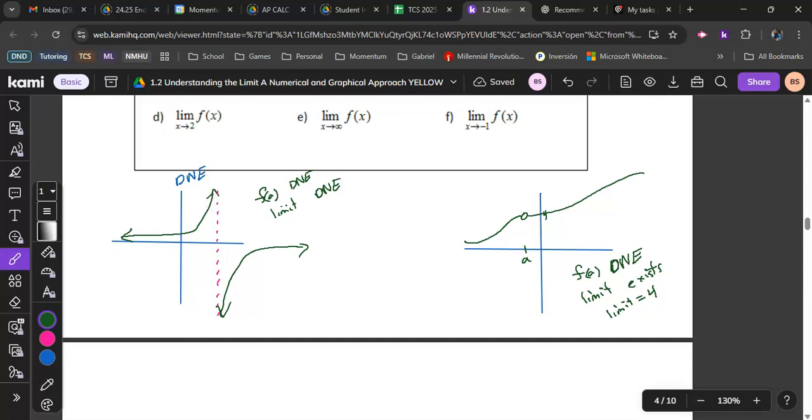Of course. I'm assuming you mean more than a second, though. Who doesn't understand? Who's saying that? I don't understand what's said right. f of a does not exist, D and E. Oh, okay.